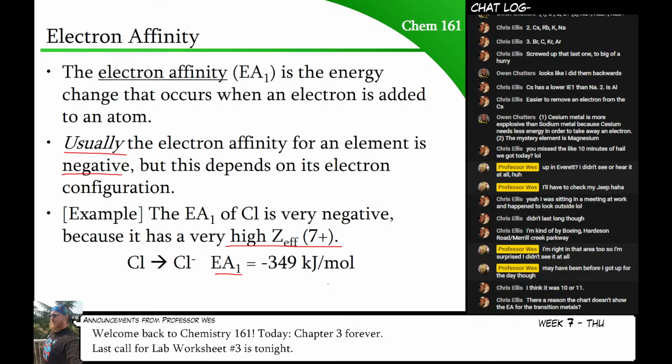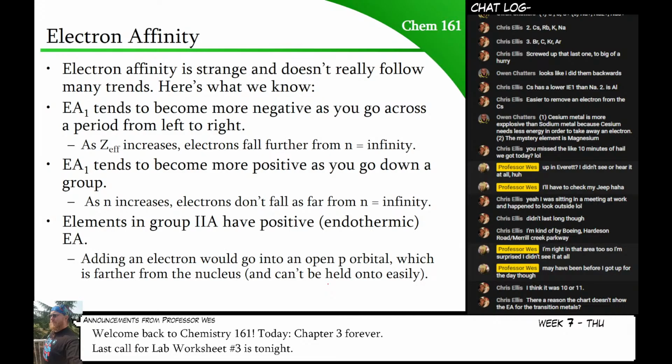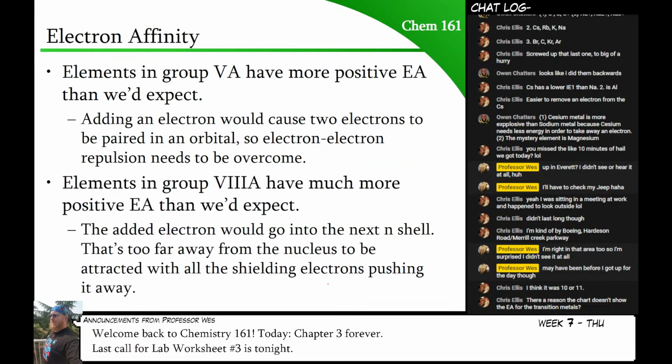Those numbers can be surprisingly weird, so we're not going to discuss them. Really, if you want to predict the second electron affinity of an element, you have to do the experiment. All right, and these are all the trends that we just talked about. And there's more trends.